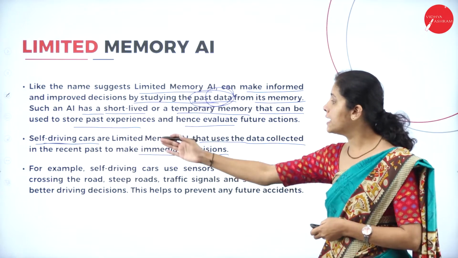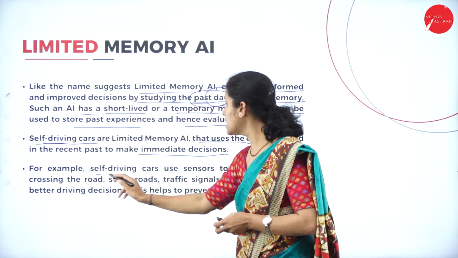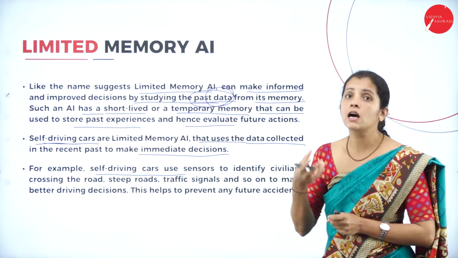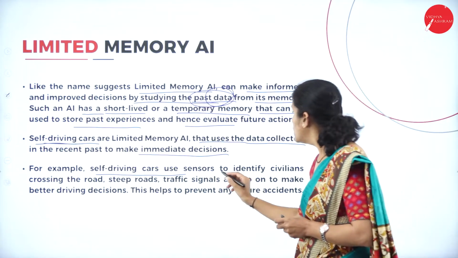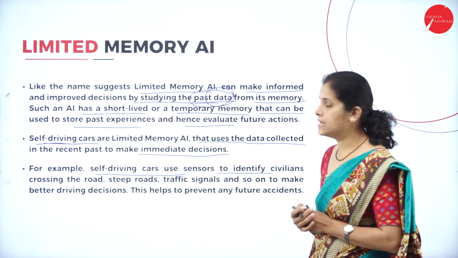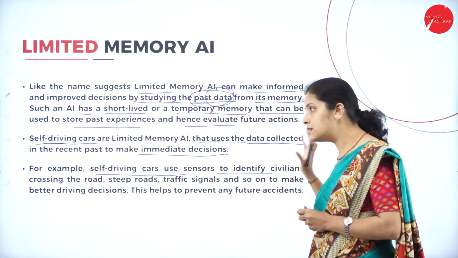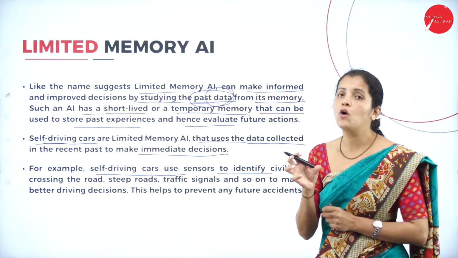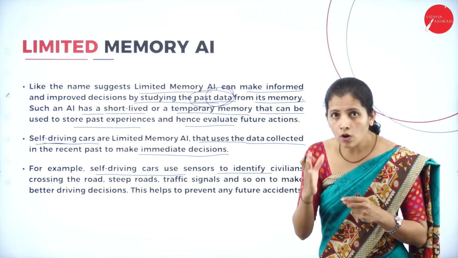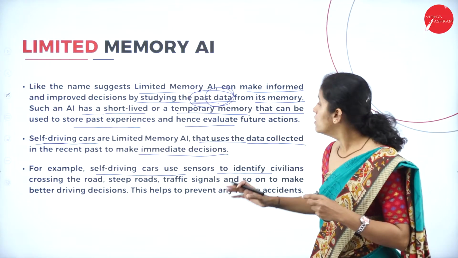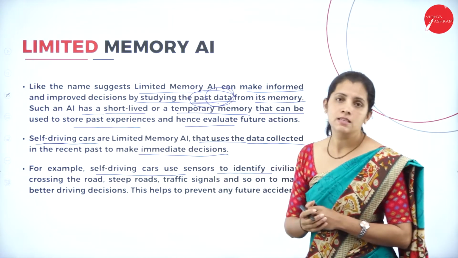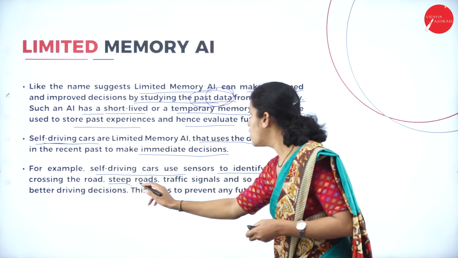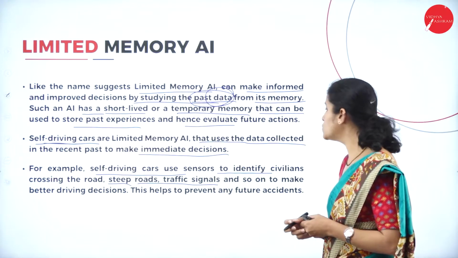Now, let me take the example here. Self-driving cars use sensors to identify civilians, the persons who are crossing the road, and also steep roads, traffic signals and so on.